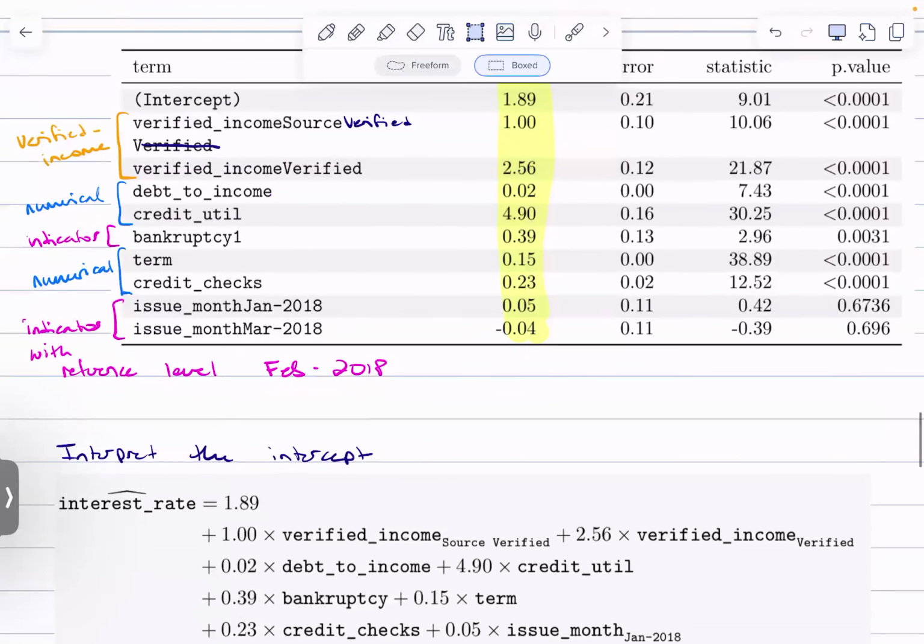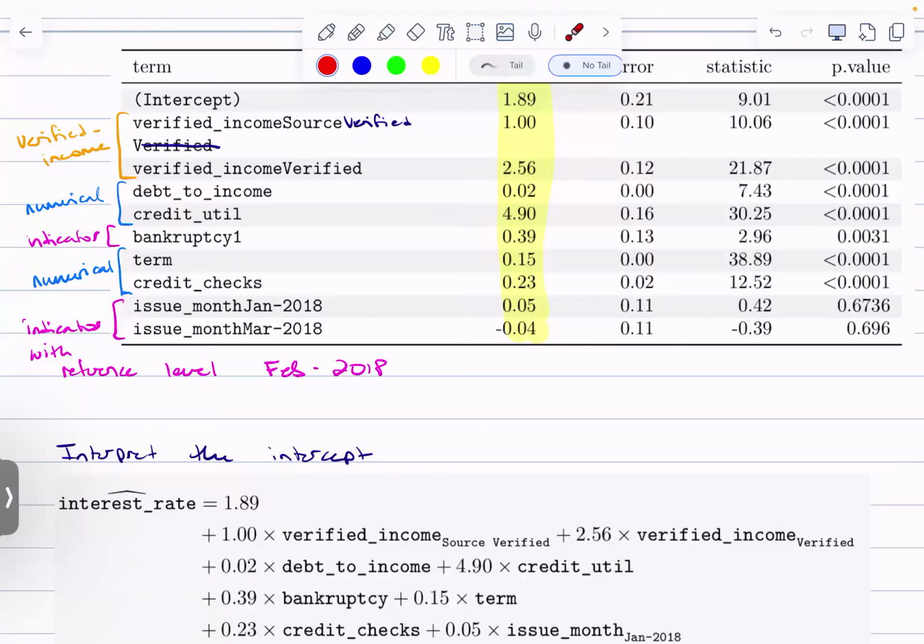What's this done? Taken 1.89, that's your intercept, plus 1 times the income source verified, plus 2.56 times the verified, plus 0.02 times the debt to income ratio, plus 4.9 times the credit utilized amount, plus 0.39 times the bankruptcy, plus 0.15 times the term.